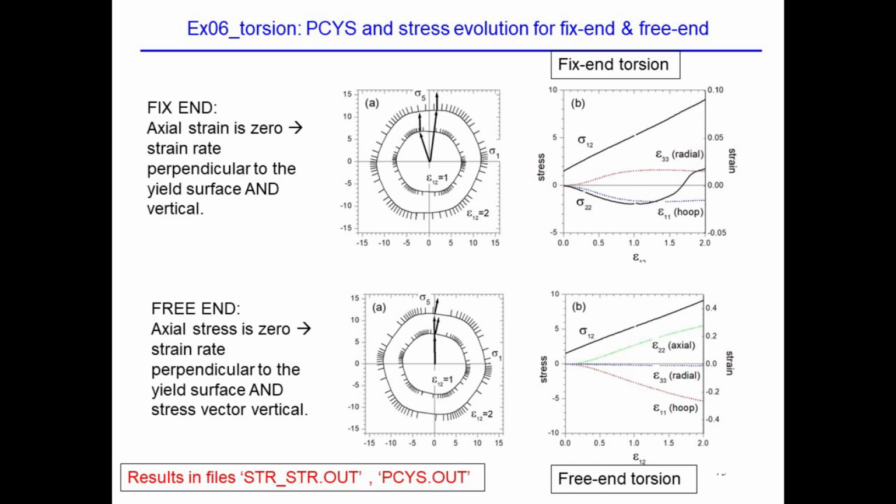Now the interesting thing is how do you analyze this problem from the point of view of the polycrystal yield surface? So here we are plotting sigma 1, which we said is proportional to sigma 2, that is the compressive force, axial force, and sigma 5, which is the shear component. So if there is a compressive force, you are at this point in the yield surface.